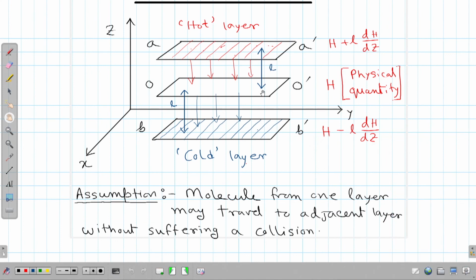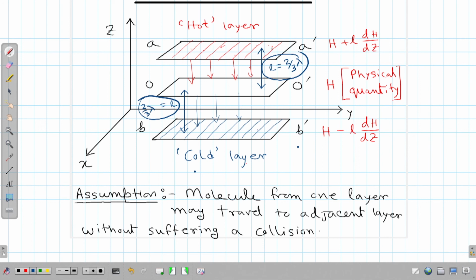If we have a distance L equal to 2/3 lambda, then and only then we have uninterrupted transport between these two layers.